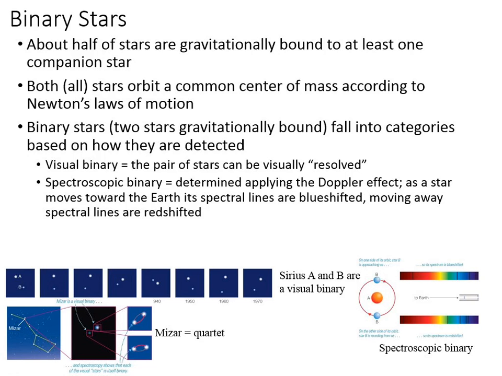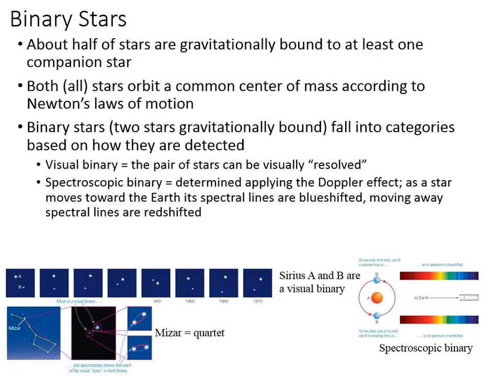But more than likely, you need to be more sneaky than just seeing them. One sneaky way is called a spectroscopic binary. If you see the word spectra in spectroscopic, look over here. These are the spectra.